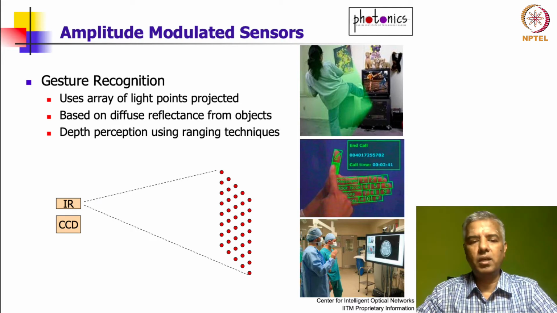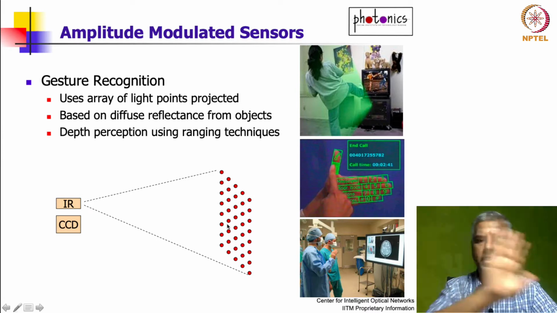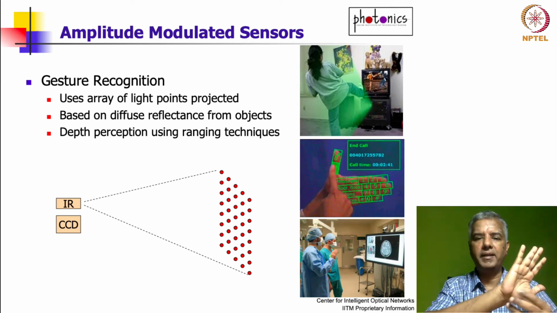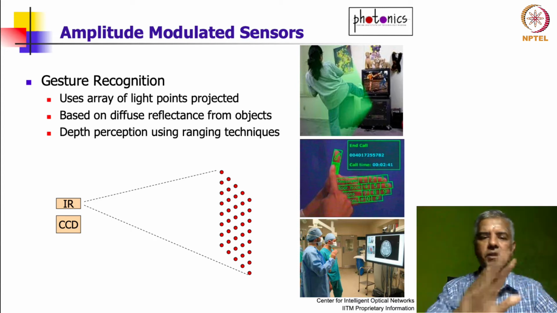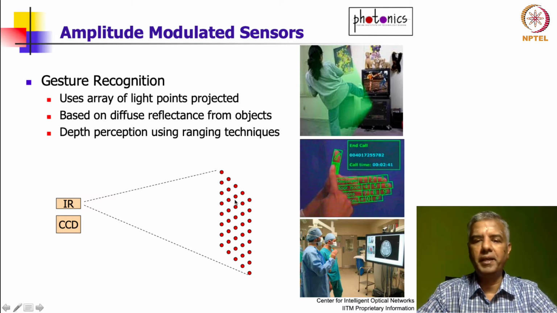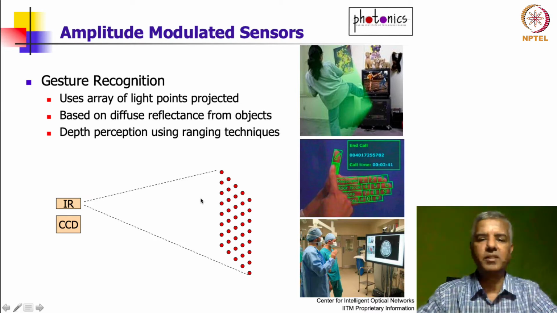So this is quite useful, because whenever you are making a gesture, let's say you're waving your hand over here, then I'm actually scattering a different set of points with respect to this. And if I can continuously track that movement, then I know that I'm making a gesture from one side to the other side.